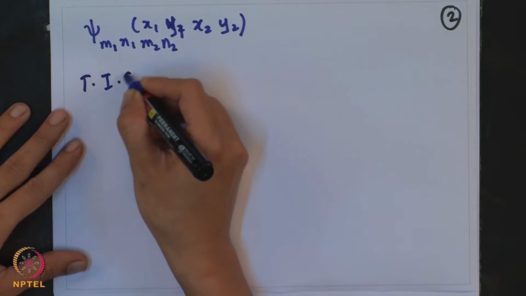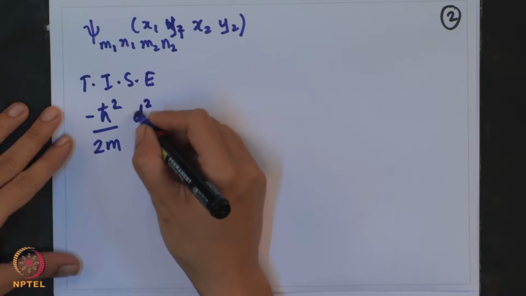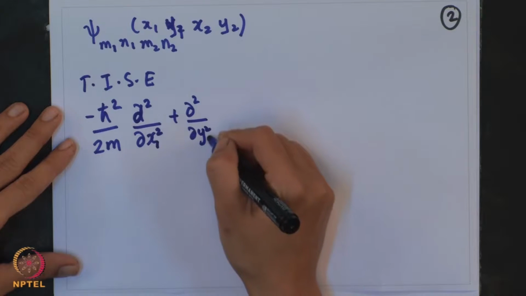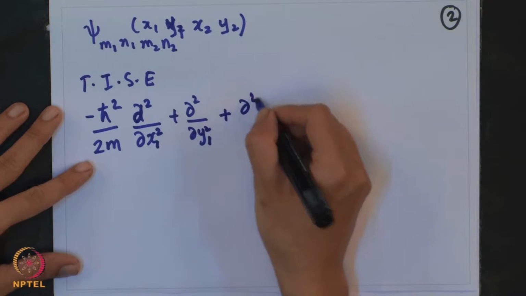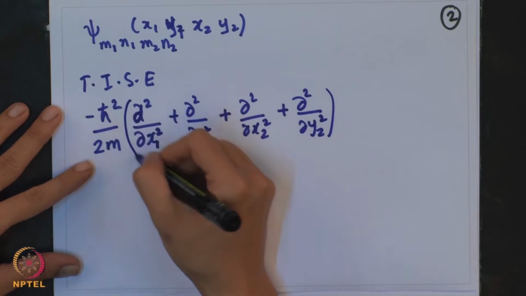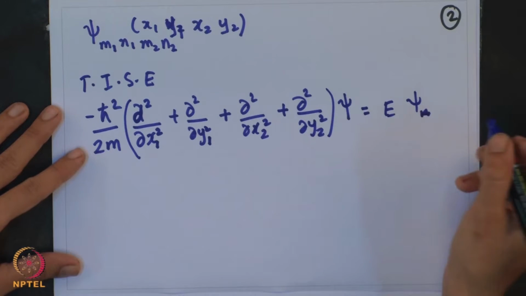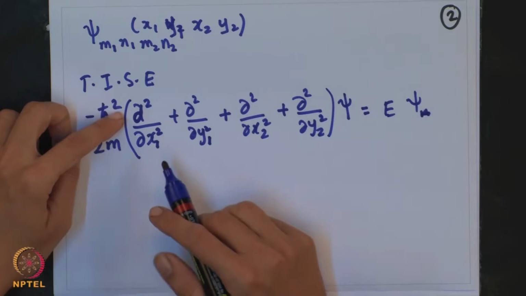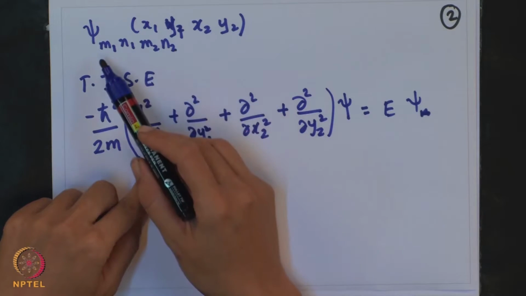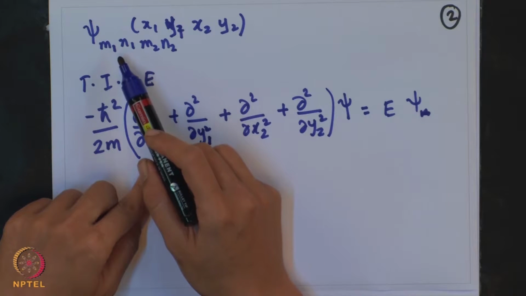So, the corresponding time independent Schrodinger equation will be minus h cross square upon 2m, del square by del x square plus del square by del y square, we have x1 y1 for particle 1 plus x2 and y2 for particle 2, acting on psi, that is equal to E psi. So, Schrodinger equation for two particles in a 2 dimensional box, here 1 indicates the first particle, 2 indicates the second particle, m and n represent the quantum numbers for particle 1 along x and y direction.